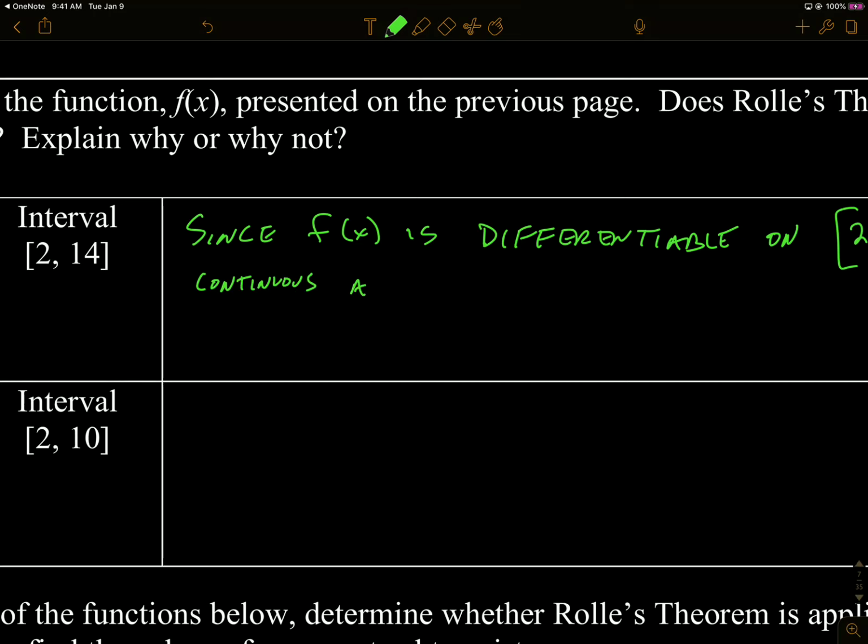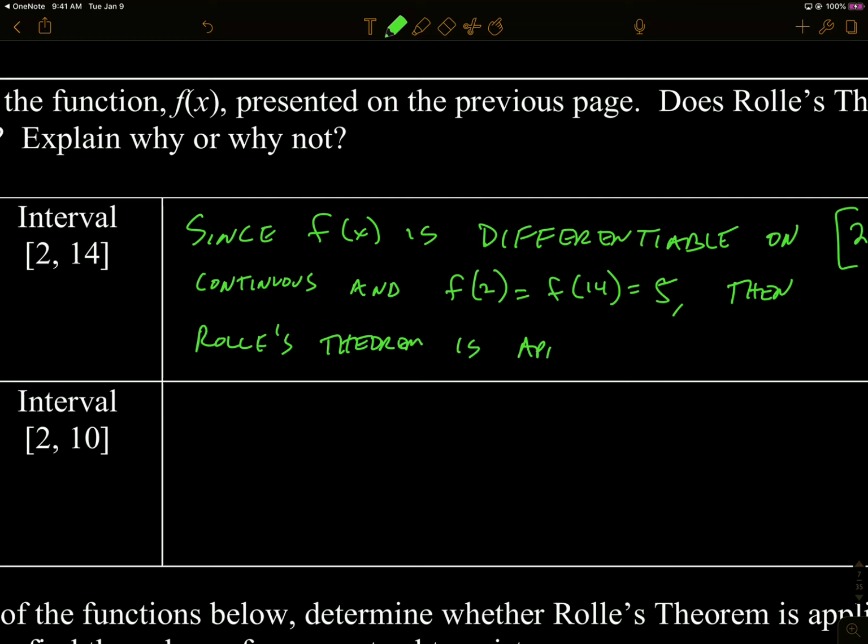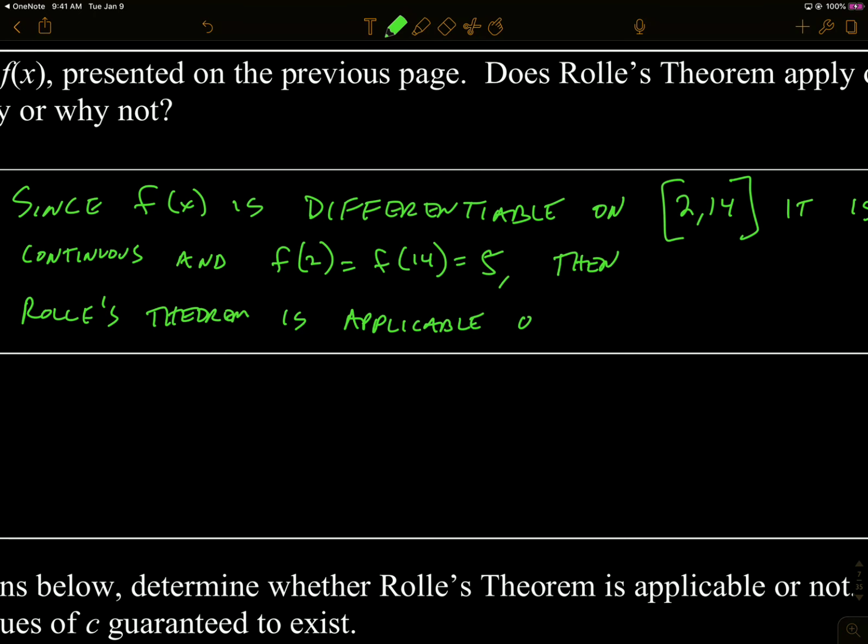Because differentiability implies continuity. So we talked a little bit about that. And the y values of the endpoints are equal. They're both equal to 5. Then Rolle's theorem is applicable on that interval.